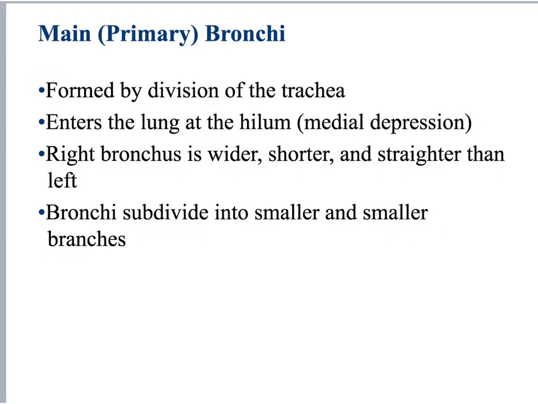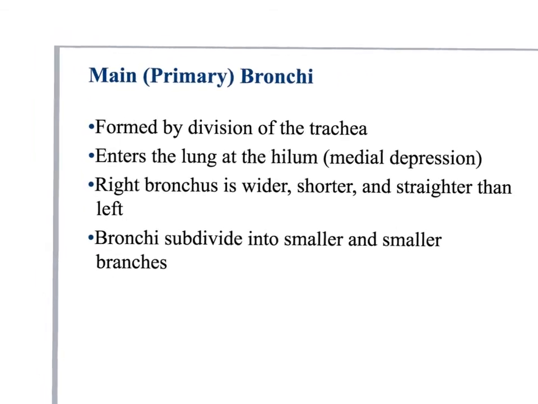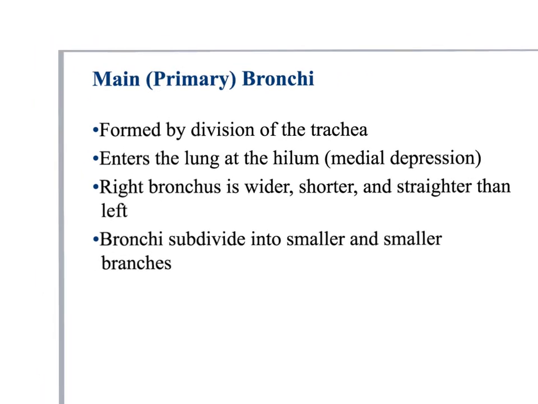Air gets into each lung, left and right, by a primary bronchus. So we've gone from trachea to primary bronchi, or main bronchi. I'll use this designation: 1 with the degree symbol means primary.